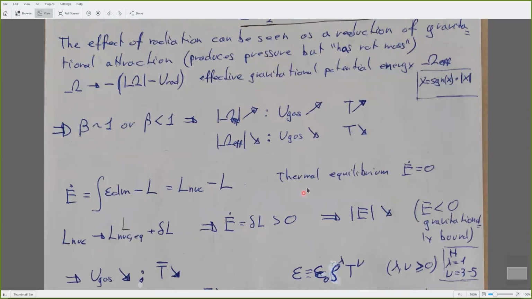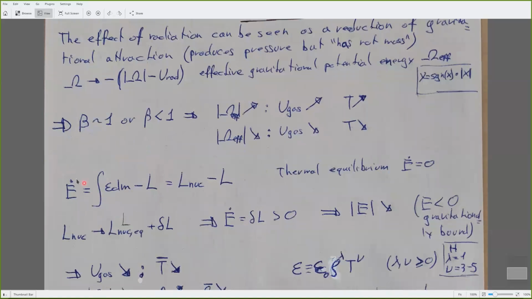As we saw before from the thermal equilibrium, the variation in time of the energy is equal to the energy production rate per unit of mass integrated over all the mass, less the luminosity of the star, or the luminosity at the radius.